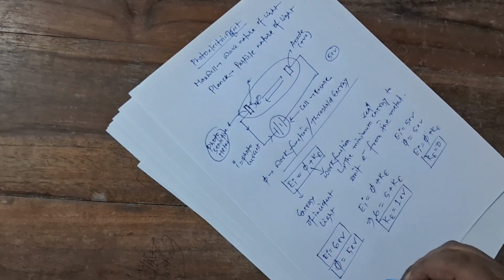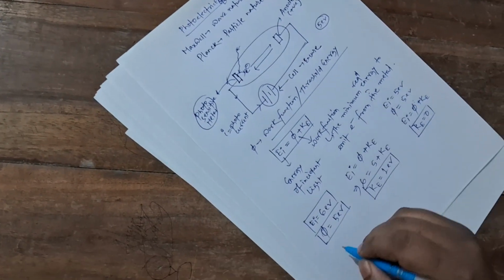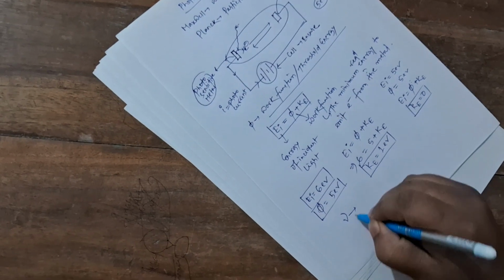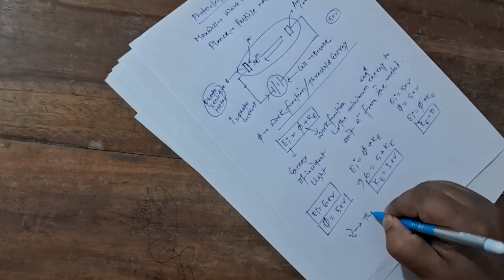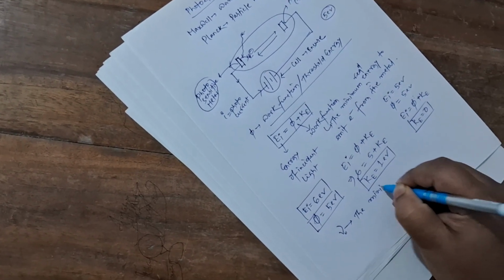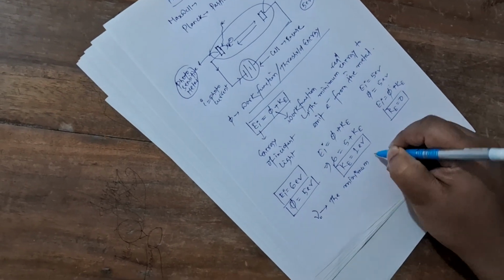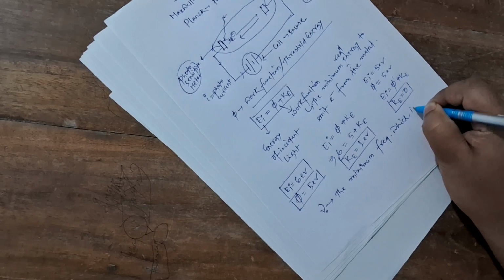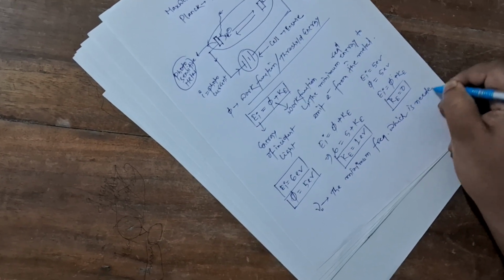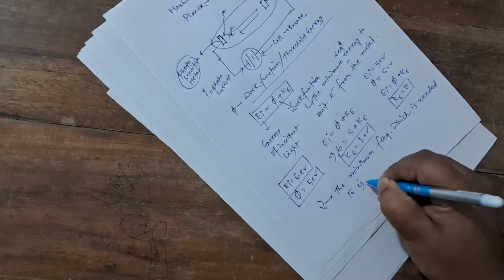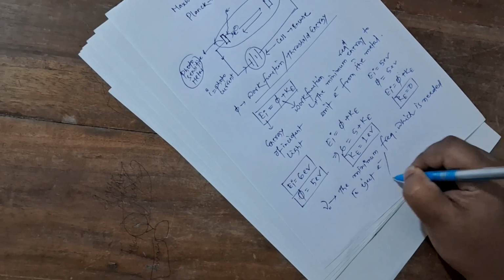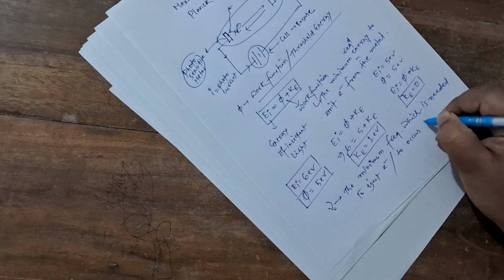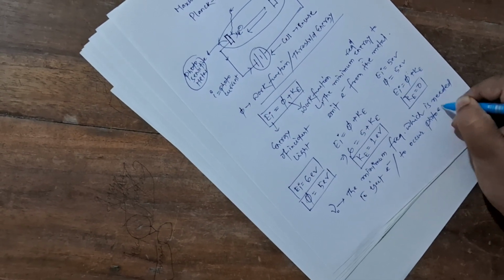Okay, here we can define few more parameters like threshold frequency. What is threshold frequency here? The minimum frequency which is needed to eject electron or to occur photoelectric effect.